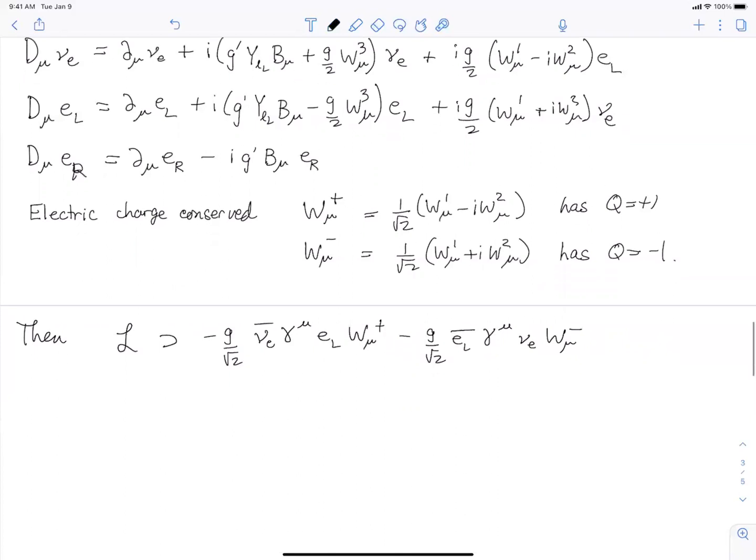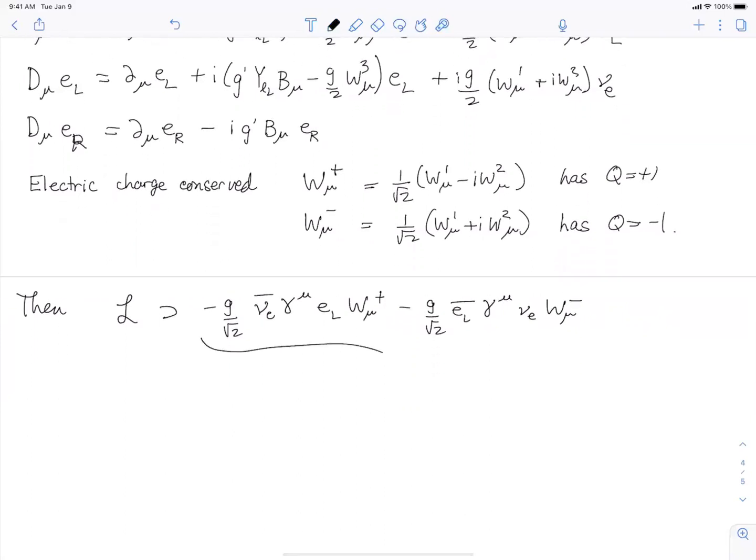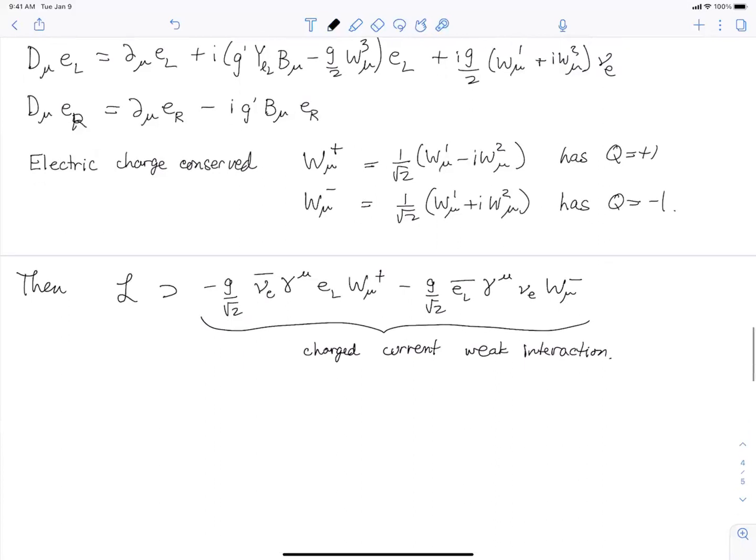Which is great because this is nothing other than the charged current weak interaction that we've been talking about when we talked about the weak interactions. For example, if you did the same thing with muons and you put this together, then you describe muon decay. It's in fact the same Lagrangian we've been using. Okay, and also the Lagrangian has these terms in it from the field strength squared.